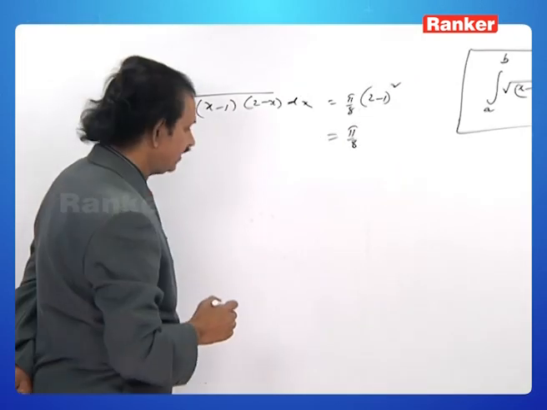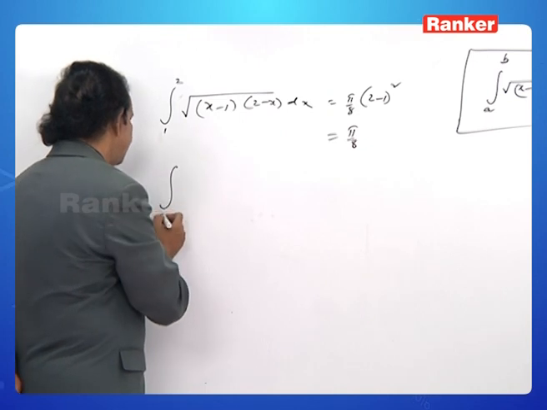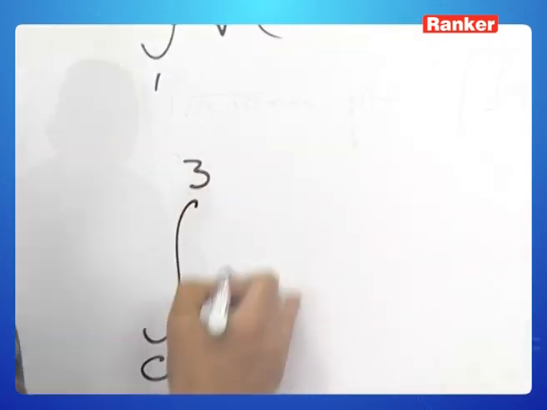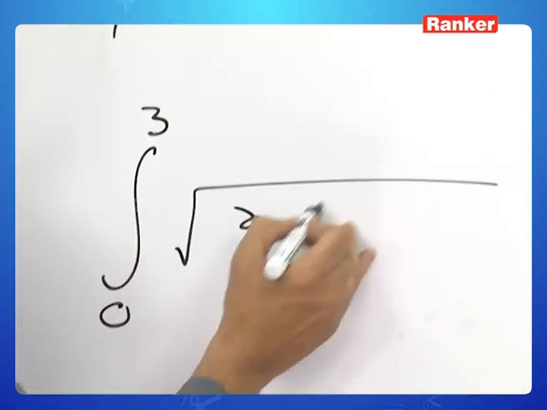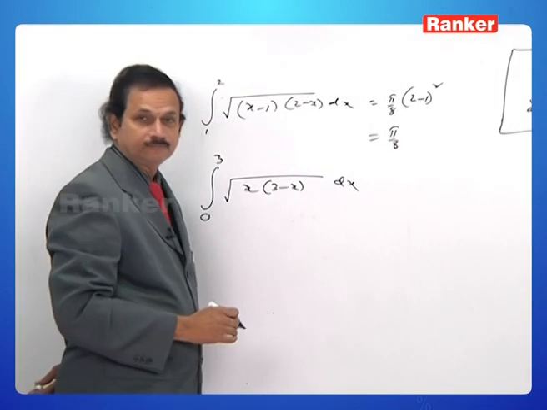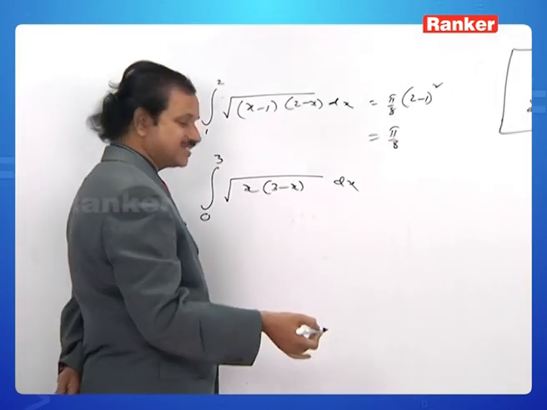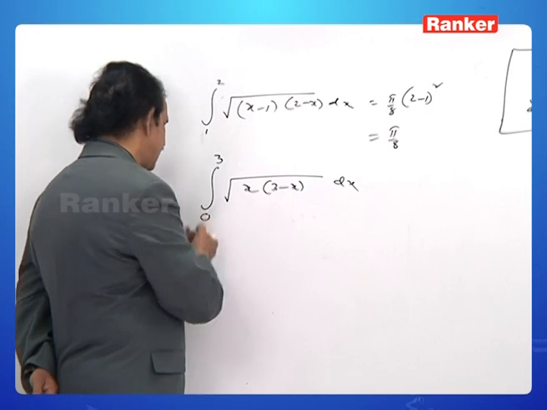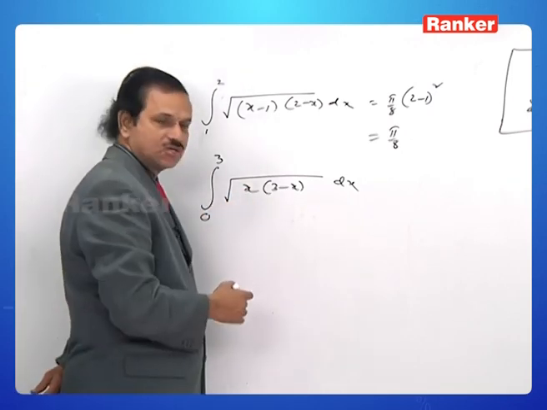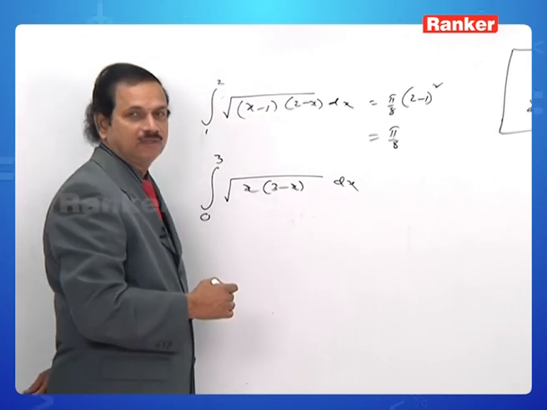Pi by 8. Another formula in another problem: the integral from 0 to 3 of square root of x into (3 minus x). Come on. As we discussed just now, in the place of a, we have 0 here. x minus a, that is x into (3 minus x) we have.